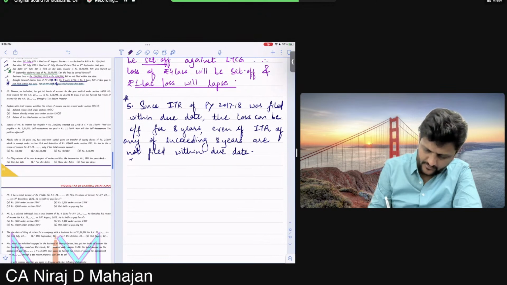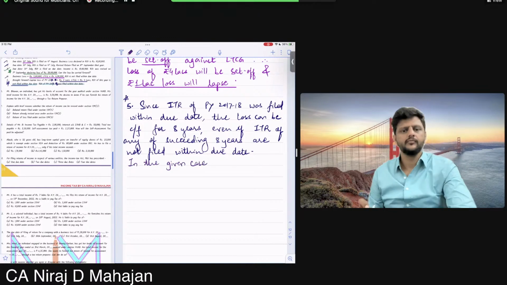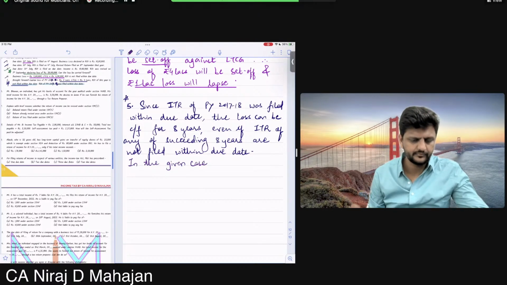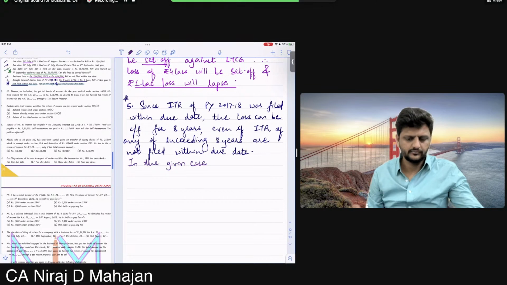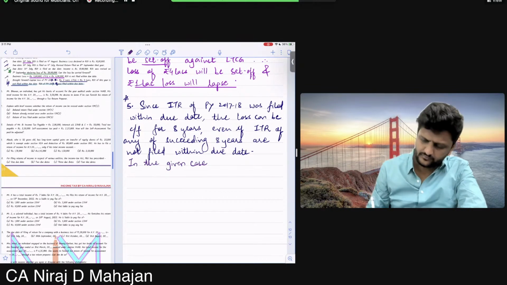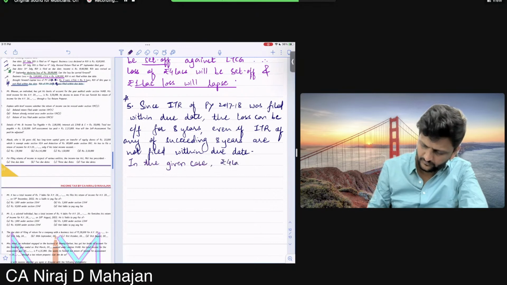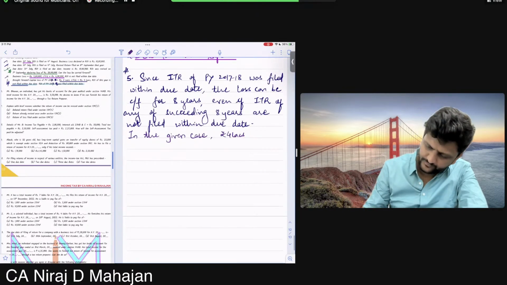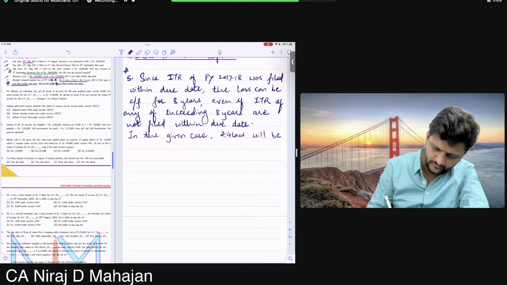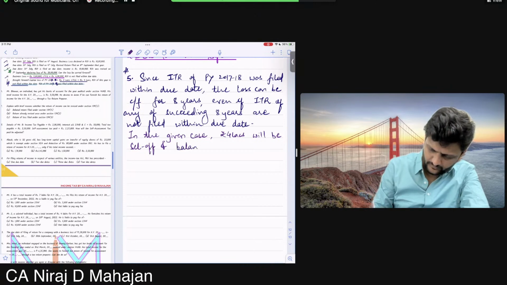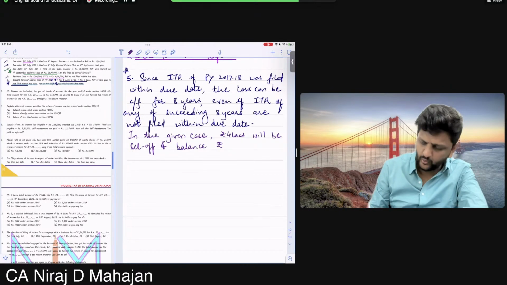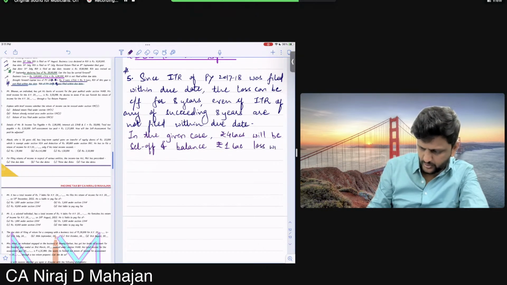Next line, in the given case, rupees 4 lakhs will be set off. And balance rupees 1 lakh loss will be carried forward, right?